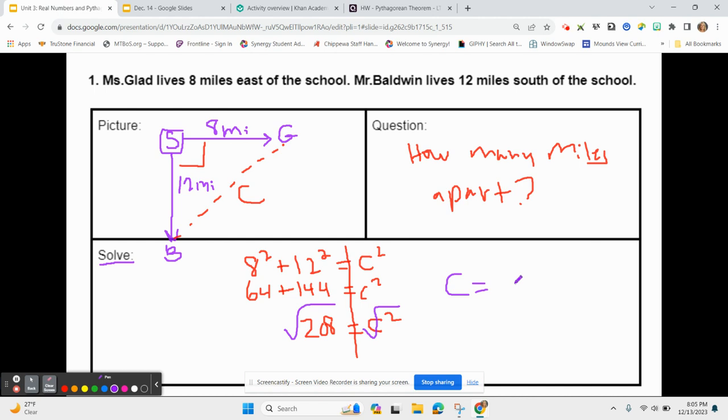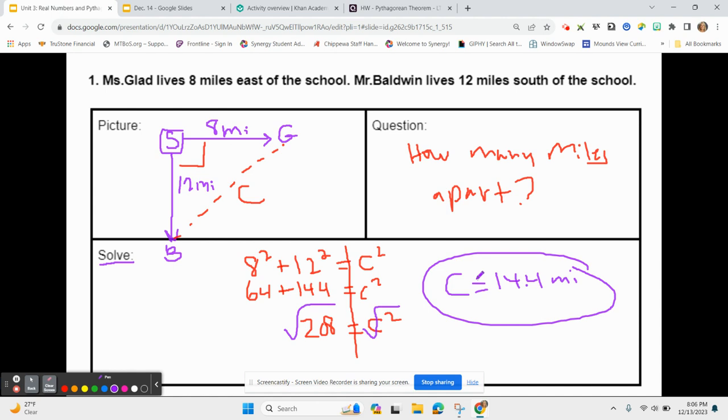Oh well, here we go. 208 square root, rounded to the nearest tenth, 14.4 miles. That is the distance between the diagonal of those two homes, okay? Which is shorter than going up 12 and over 8. That'd be 20 miles. So a lot of the times the diagonal, the hypotenuse, is the quickest way there.